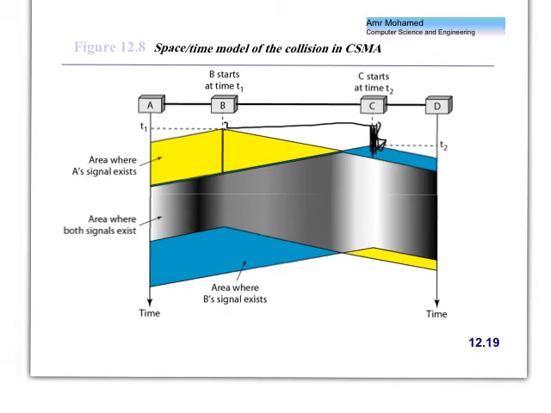So if you want to know which station will detect the collision, you have to look at this area, and figure out what time and where exactly the collision will start, and after which time the collision will vanish.